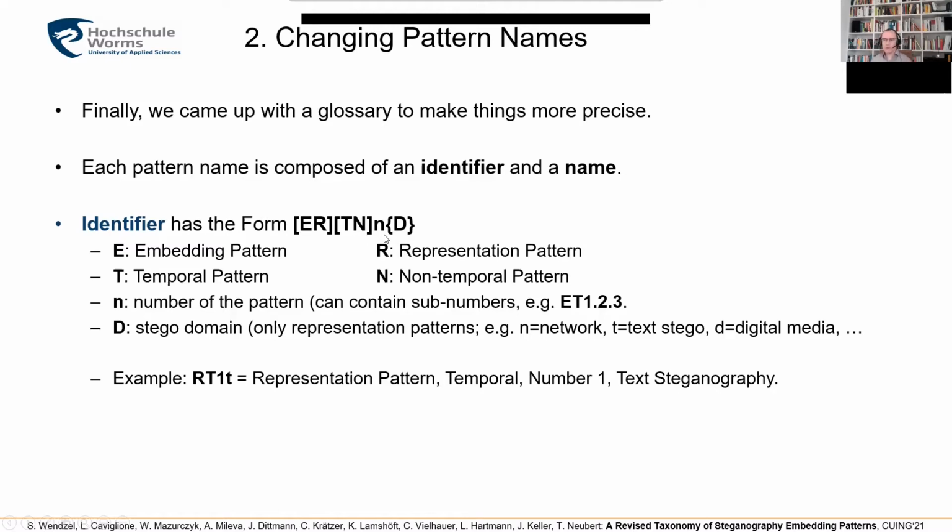Then it has some number, and optionally, but only for the representation patterns so far, it has a domain indicator. If it's specific to network steganography, it would be a lowercase n, for text stego a lowercase t, and so on. So a pattern identifier would look like this, RT1T.